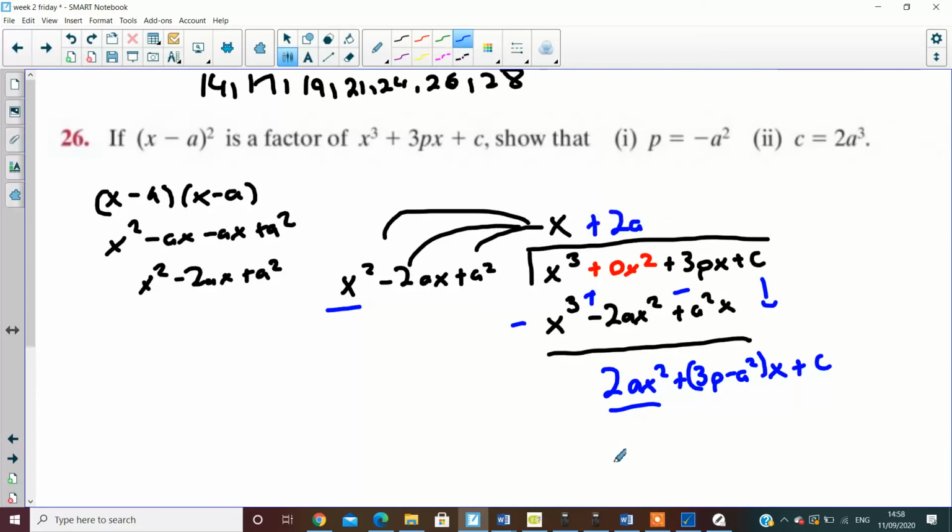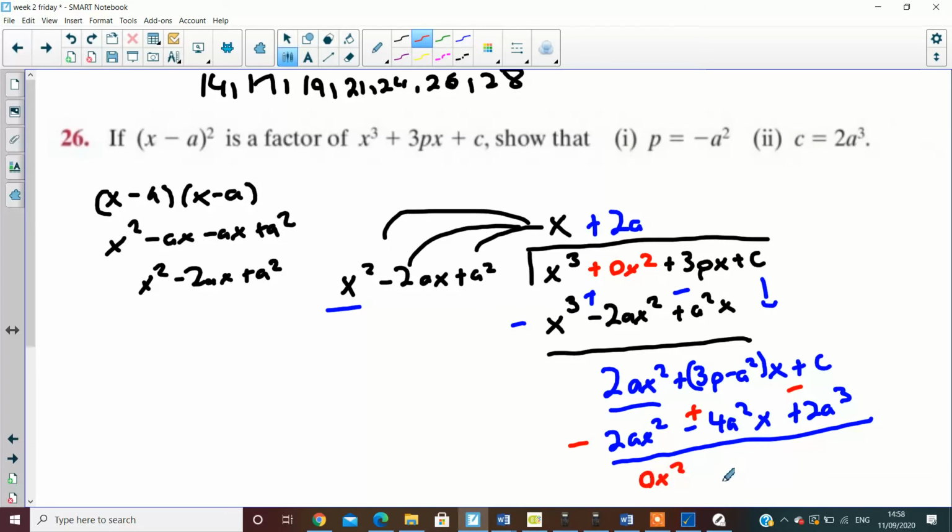So we're going to get 2ax squared minus 4a squared x plus 2a cubed. Then once again you're going to subtract, plus and minus, and you get 0x squared, 0x, and 0. c minus 2a cubed equals 0, implies c equals 2a cubed.